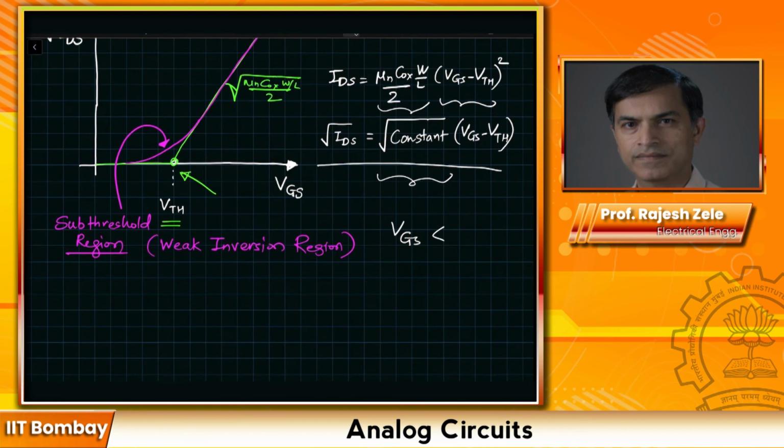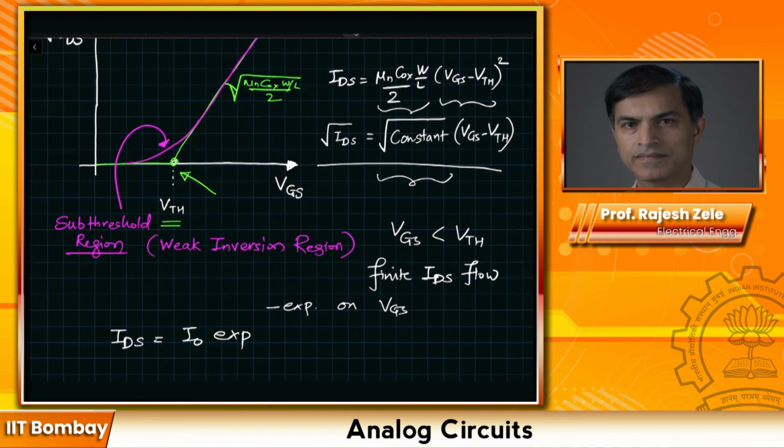Here VGS is less than VTH. There is some finite IDS, however small, it will flow. And it has exponential dependence on VGS. If you want the exact expression, the IDS in this region is given by IDS equal to I0 exponential VGS divided by eta VT.